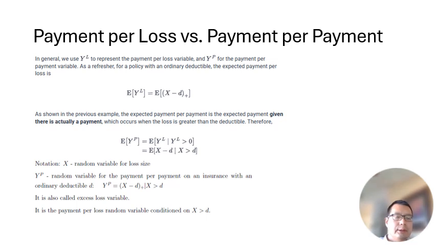As shown in the previous example, the expected payment per payment is the expected payment given there is actually a payment, which occurs when the loss is greater than the deductible. Therefore, it is the expected payment per loss with the condition that Y^L is greater than 0. So it's the expected value of X minus d, conditioning on X being greater than d.